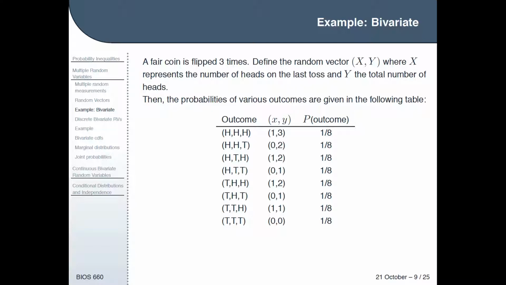So say, for instance, if we were going to try to show that X is a random variable, you would have to look at the inverse image of every possible Borel set, which is actually very easy to do here because X only takes on two possible values, 0 and 1.